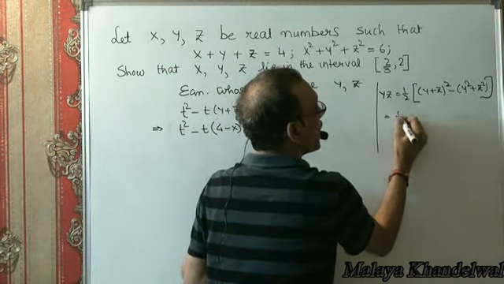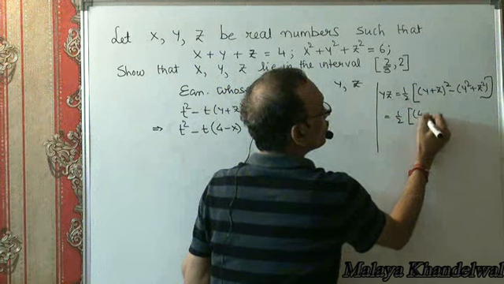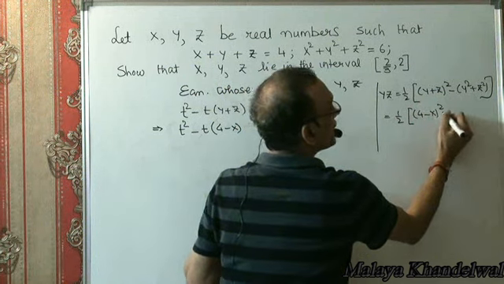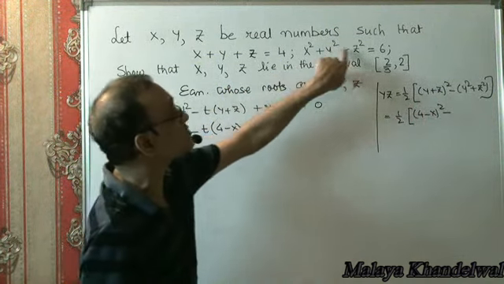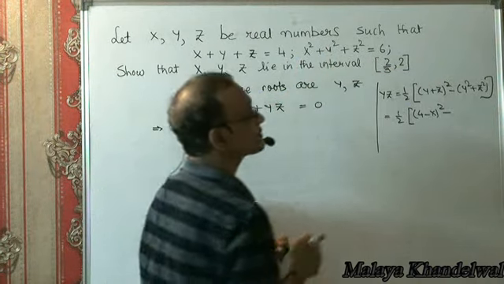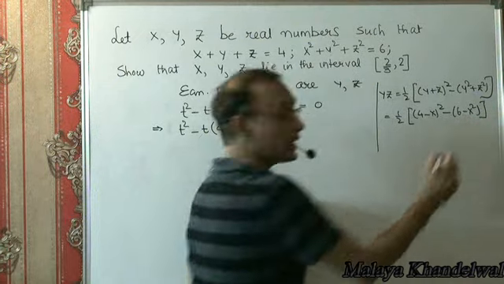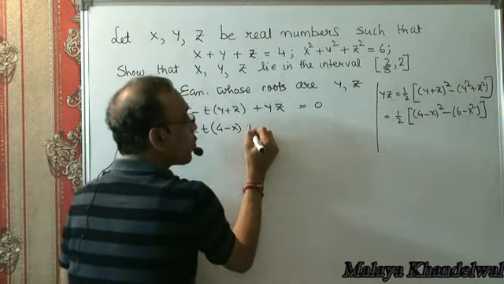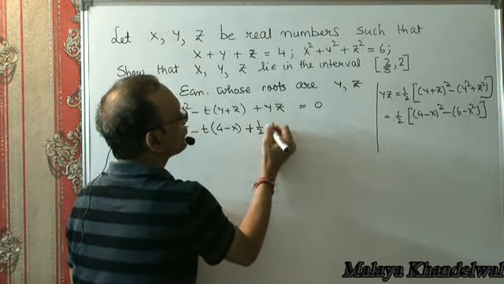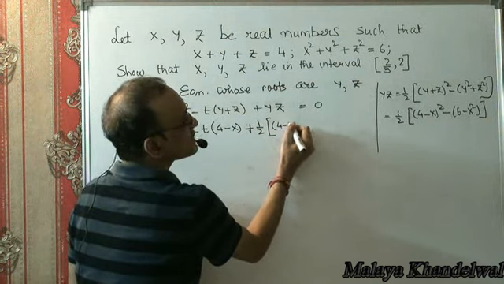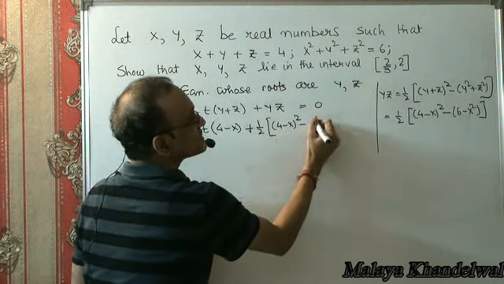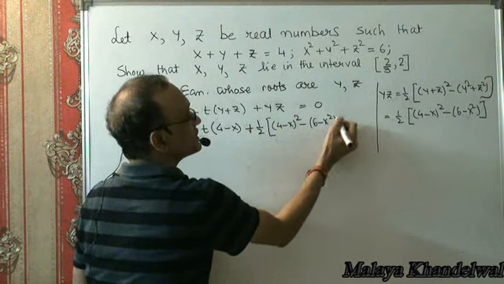So that's going to be half of [(4 minus x) whole squared minus (y squared plus z squared)]. y squared plus z squared is 6 minus x squared. Right? So good for us. So yz is half of [(4 minus x) whole squared minus (6 minus x squared)]. Yes or no?